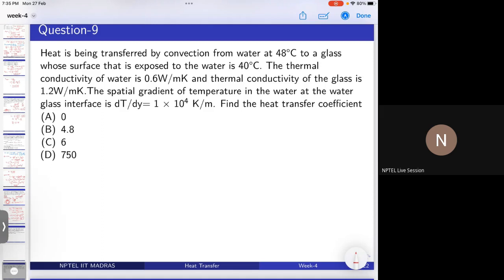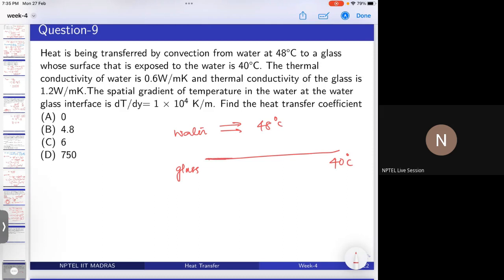What is the answer? So we have an interface. This is glass and this is water. The water is flowing at 48 degrees Celsius and the glass is at 40 degrees Celsius.